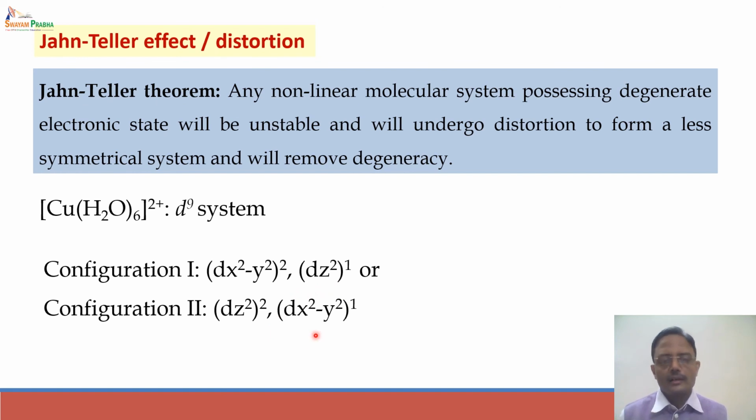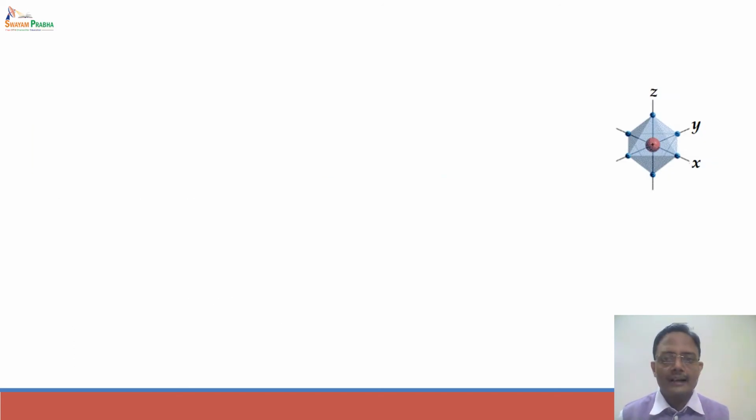As a result, the ligands which are coming along the x, y and z axes, because it's an octahedral complex and ligands are approaching along the axes, will experience different forces of repulsion along the xy plane and along the z axis because the number of electrons is different. As a result, there will be further splitting of the eg set of orbitals as well as the t2g set of orbitals. Let us see what happens.